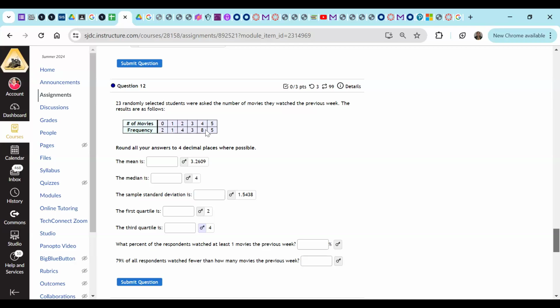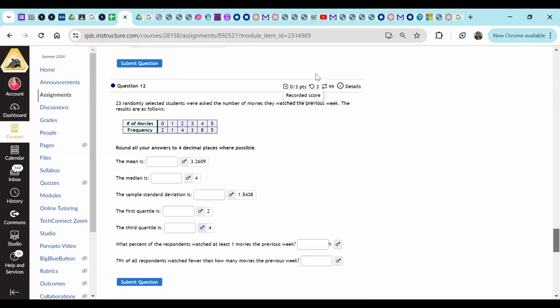If you add up, what is the total of the frequencies? 23. 23 is the total.